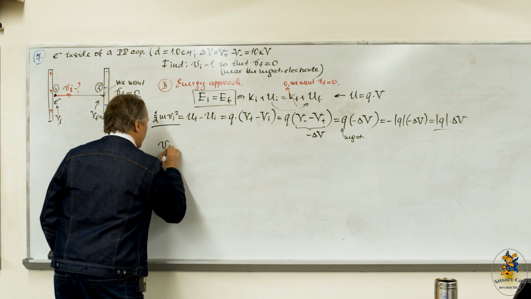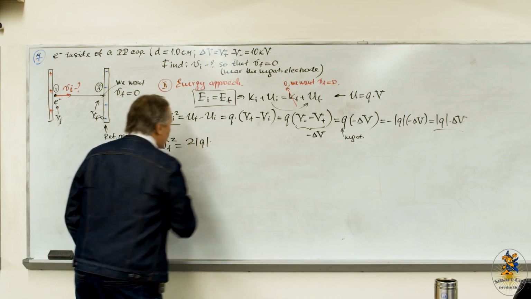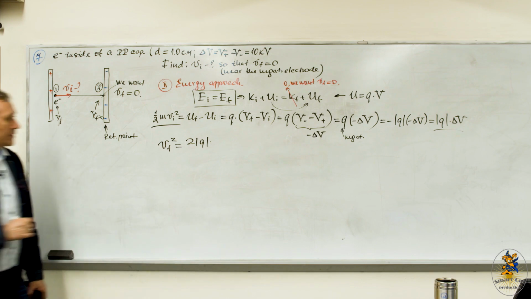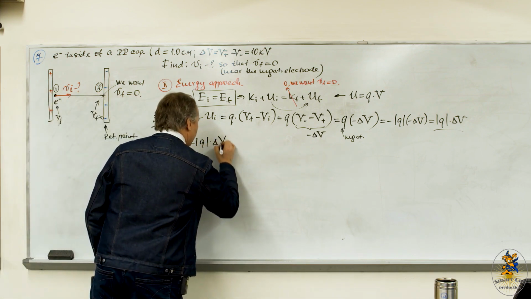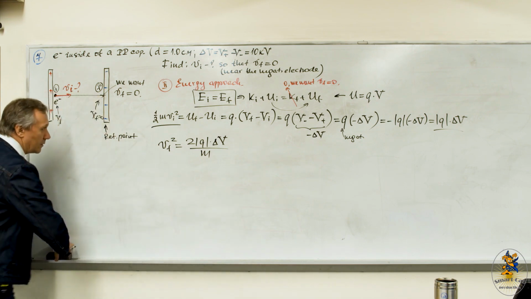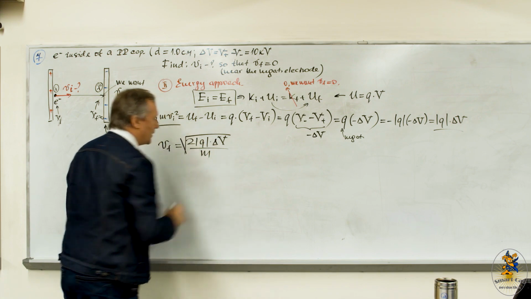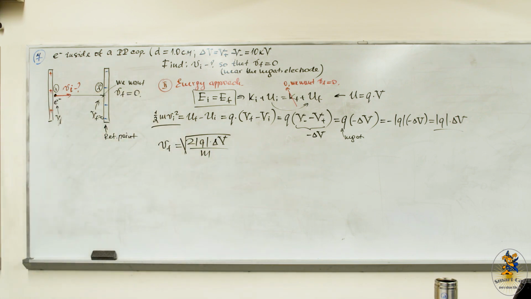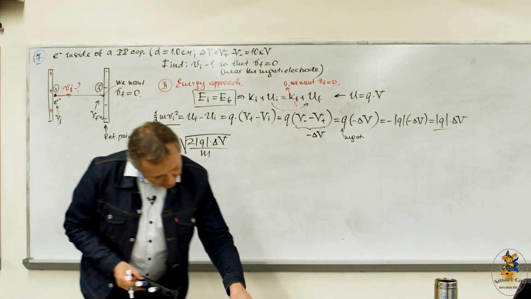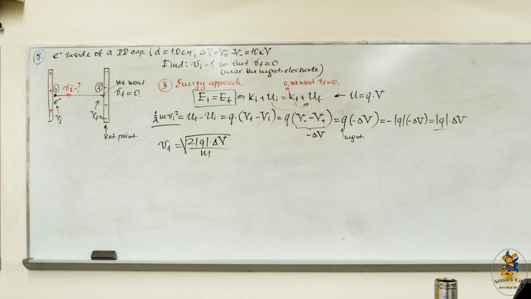So V initial squared equals 2 times Q times delta V divided by m. And again, whiteboard magic. Let me erase this 2 and put a square root sign. Yes, it's initial.